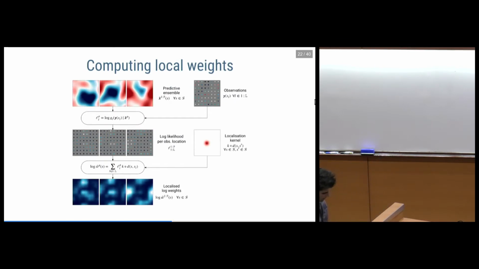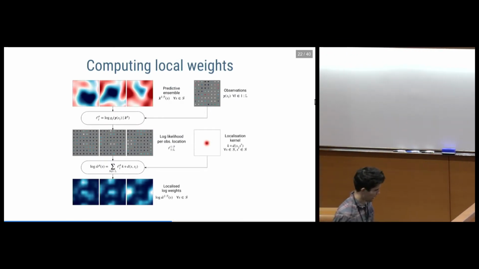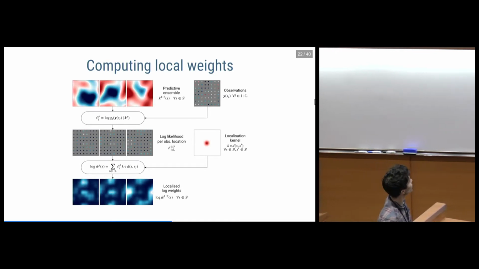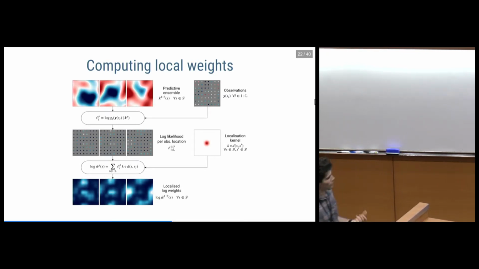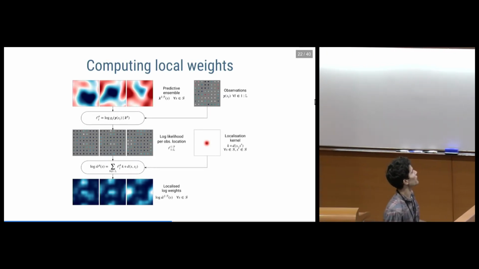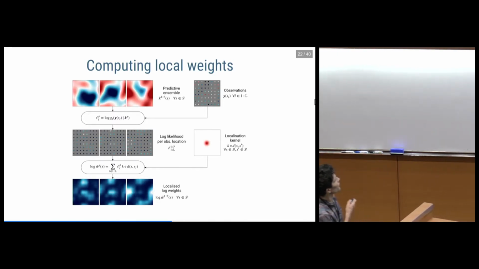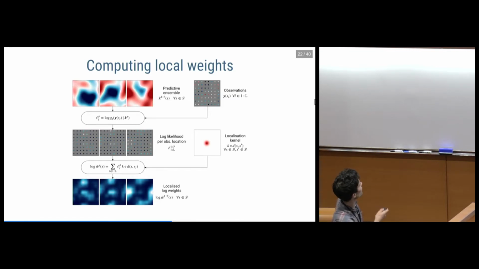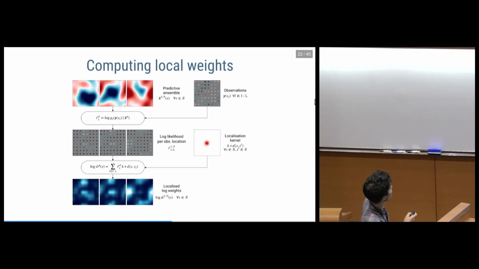So I alluded a little earlier to this idea of computing local particle weights. Just to make clear, here is a very basic scheme for doing that. In this figure at the top, we have an ensemble of three free particles, which are these three different spatial fields. And we assume we have sparse observations of the underlying true state that we wish to infer, so on some grid we have a set of observations.